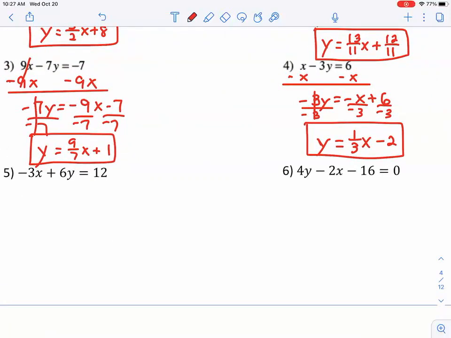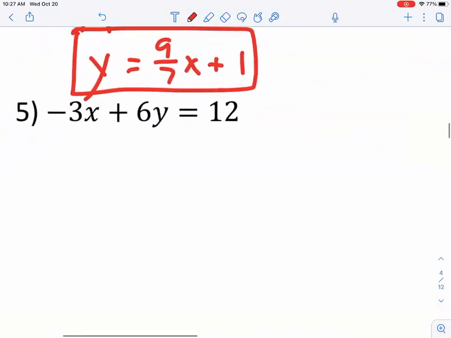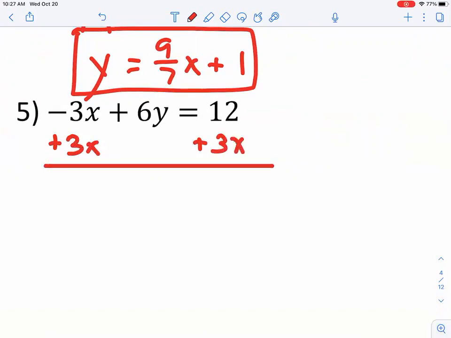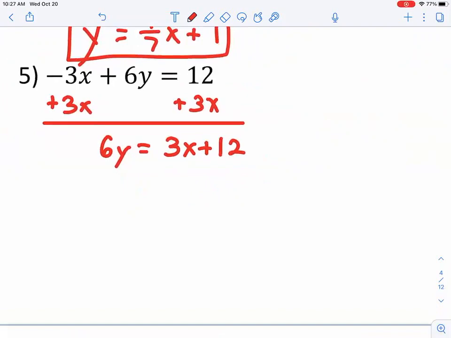All right, problem number 5. We're going to add the 3x over to the other side. So we have 6y is equal to 3x plus 12. And then we're going to divide everything by 6.